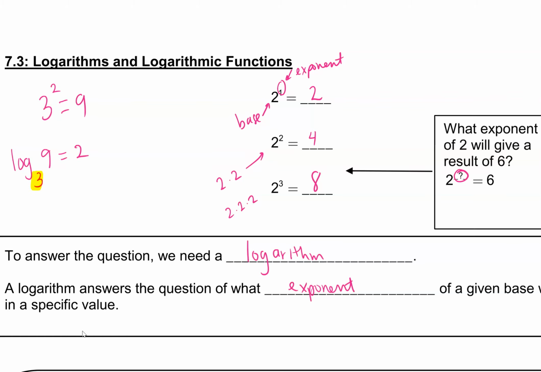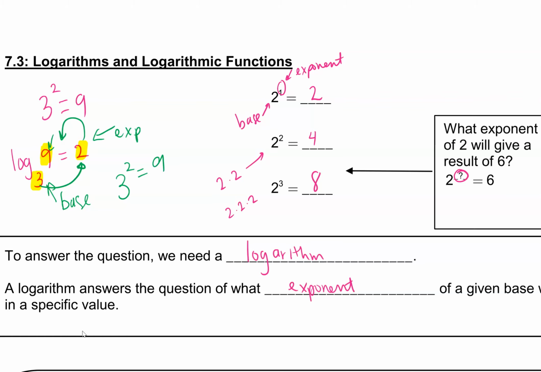This is the base, 3 to what power is going to be 9? So this is the exponent, this is your base, and this is the answer you're trying to get. So 3 to the second power is 9, a little curly Q action, so log base 3 of 9 is 2.